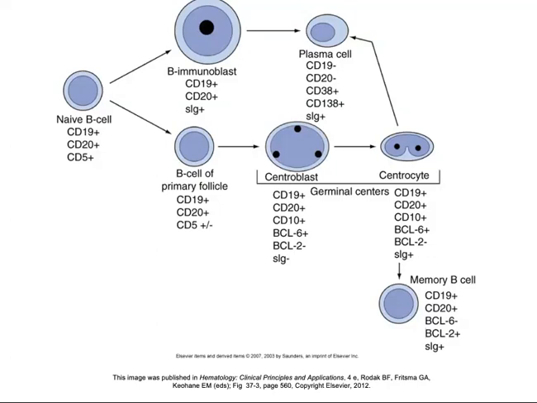When you see the abbreviation BCL down here, it stands for B-cell lymphoma, and SIG stands for surface immune globulin. There's also CIG, which is cytoplasmic immune globulin. So BCL, CD, surface immune globulin, these are all markers that we need to recognize.